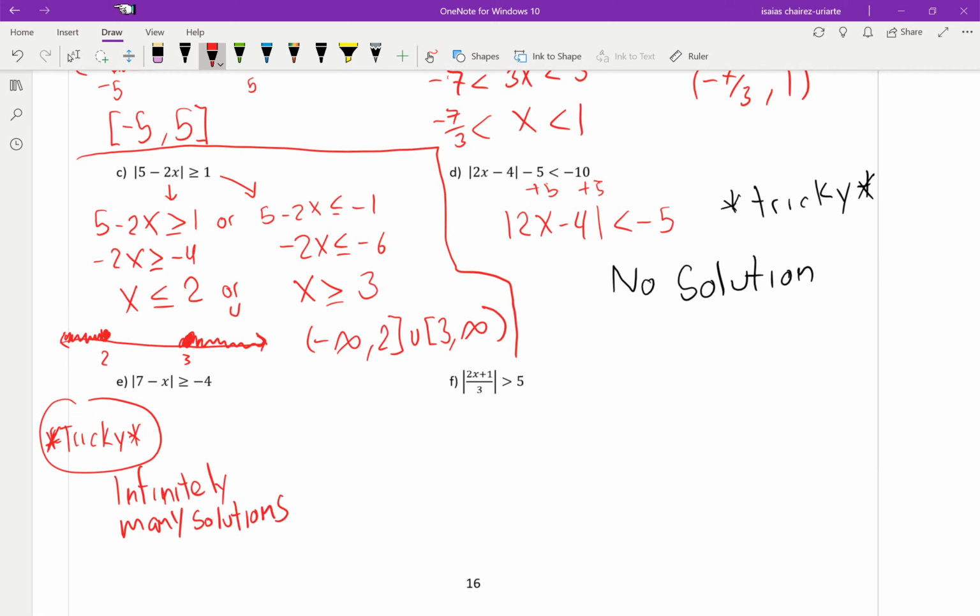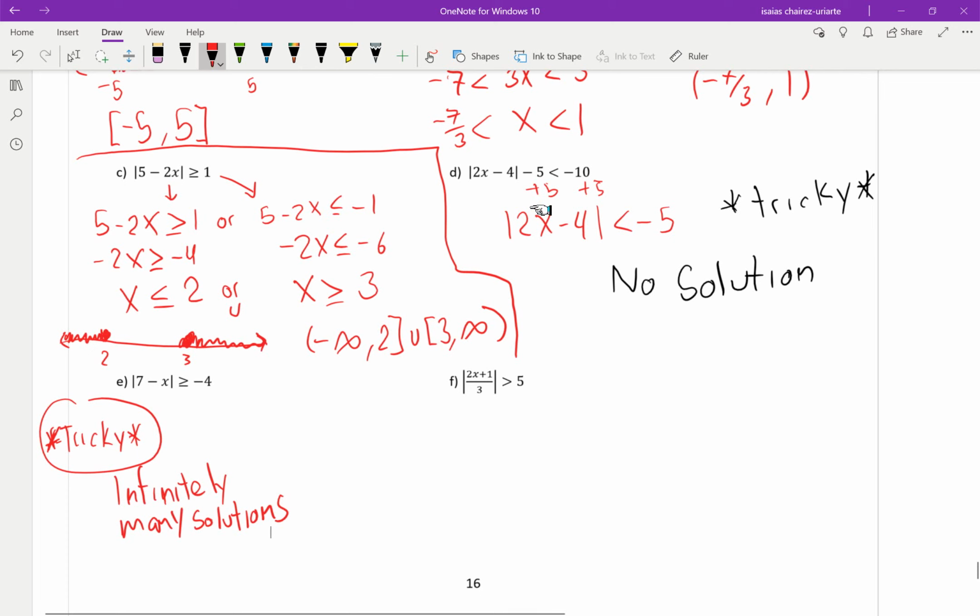Let's see. How can we maybe look at these things? Well, let's think about this, guys. So remember, anytime that you end up with the absolute value of something and then you have an inequality or an equal sign and then you have something negative on the other side, you gotta pause for a second, because either you're gonna have no solution or infinitely many solutions.